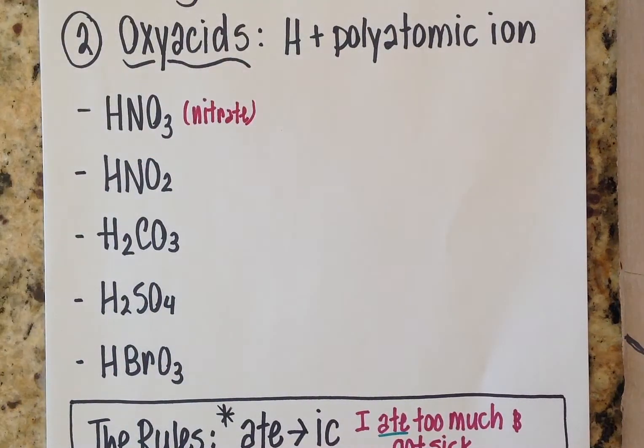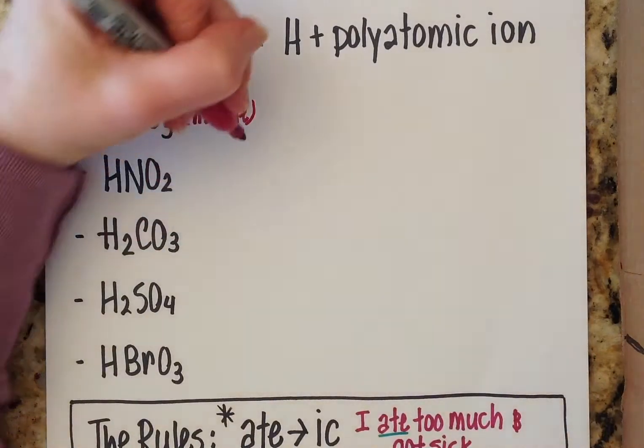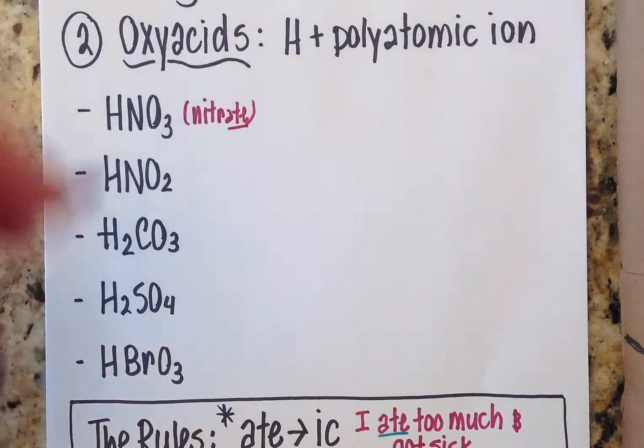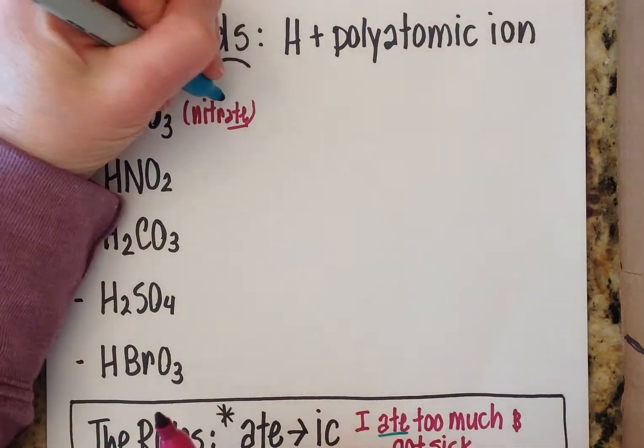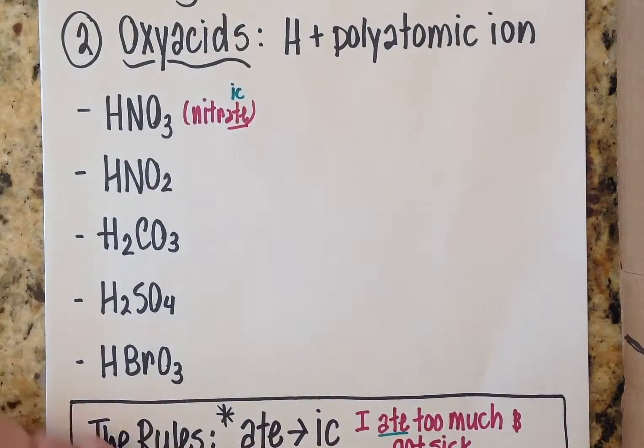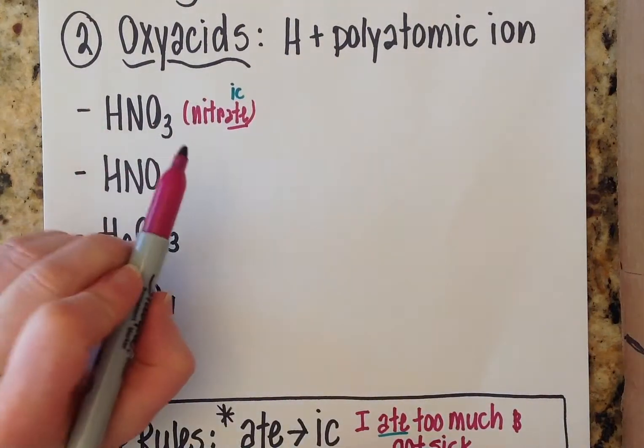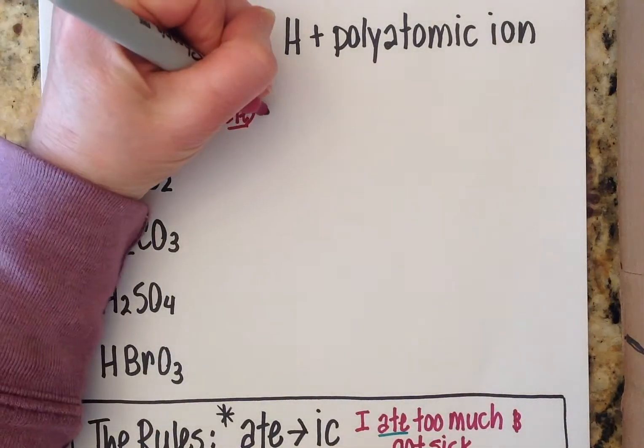Now, because it's involving a polyatomic ion, number one, I know I won't use hydro in front, but I also know I'm going to have to change that ending, and ate turns into ick. So we'll just make a little note there. So this is going to be nitric acid.